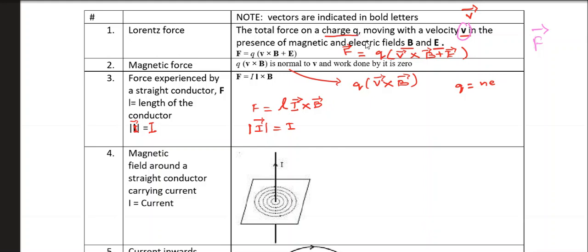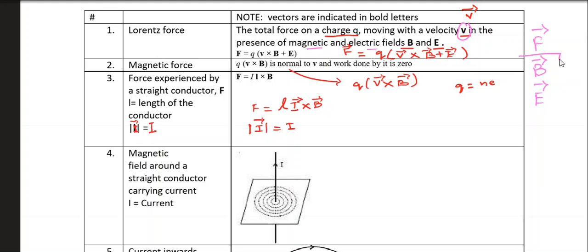Now the movement of the charge with a velocity V is in the presence of magnetic and electric field. The magnetic field is represented as B vector, and the electric field is represented as E vector.